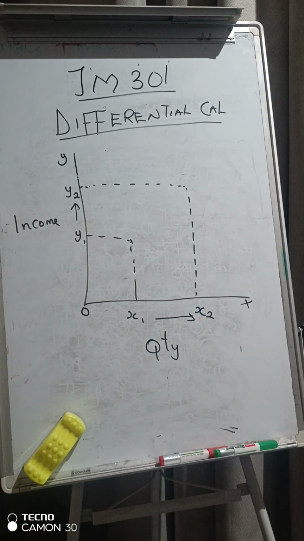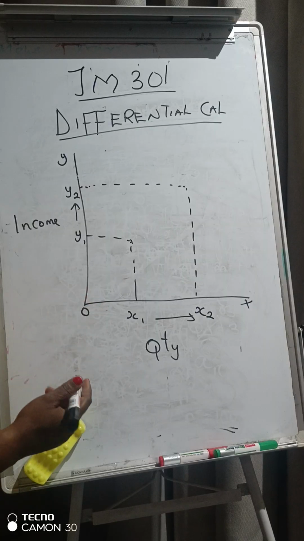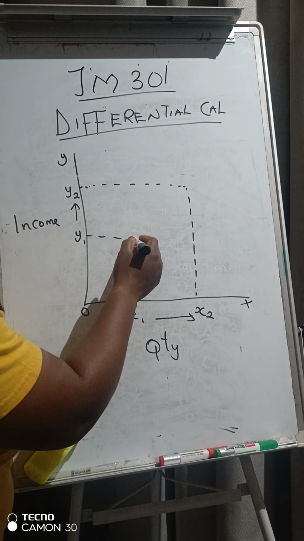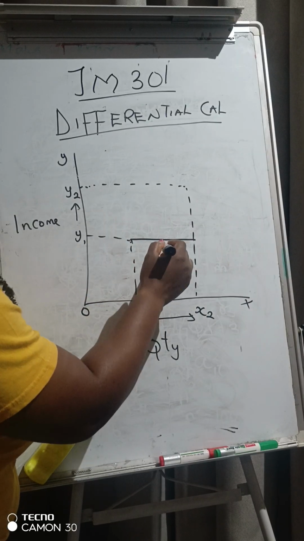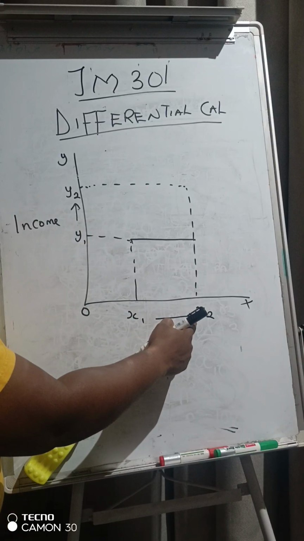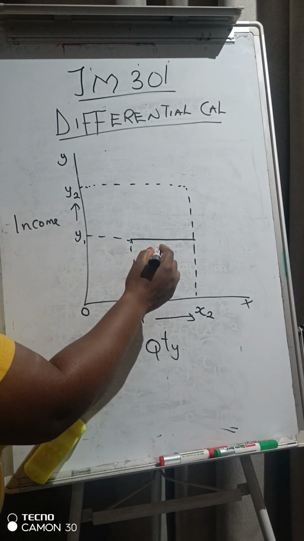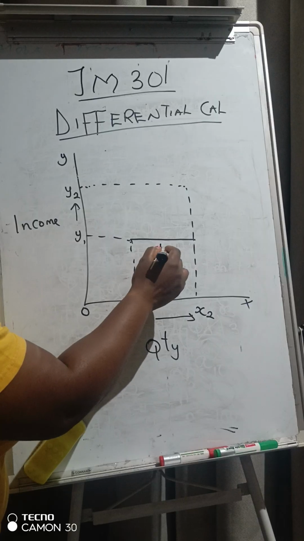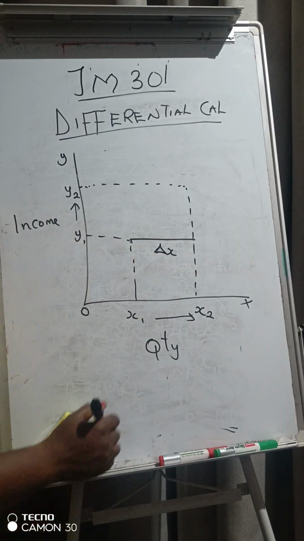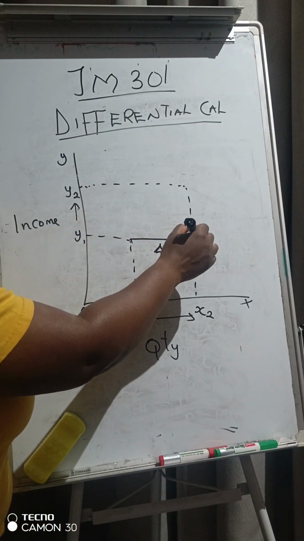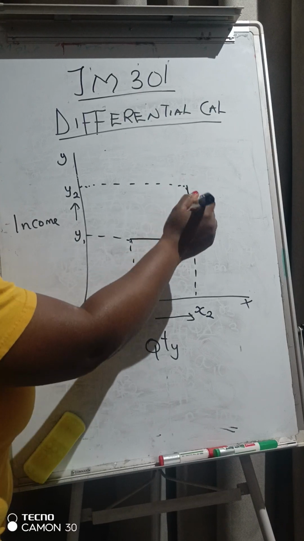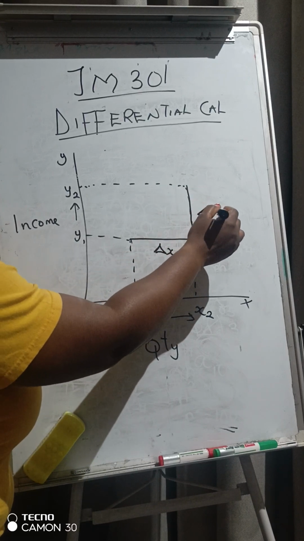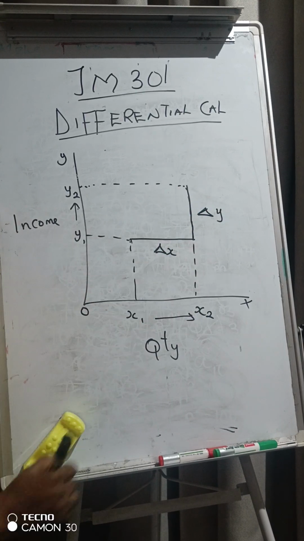So what does differential calculus play here? There is a change in the quantity you can buy, and let's call that change a change in x. And there is also a change in income, and that is called the change in y.